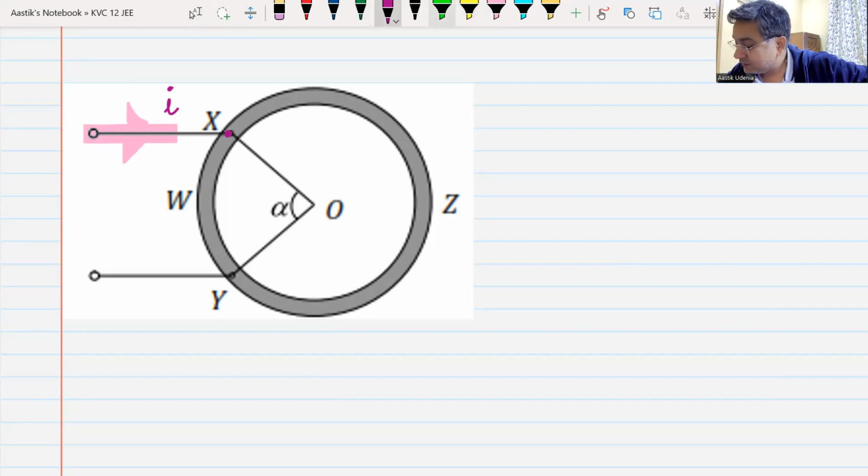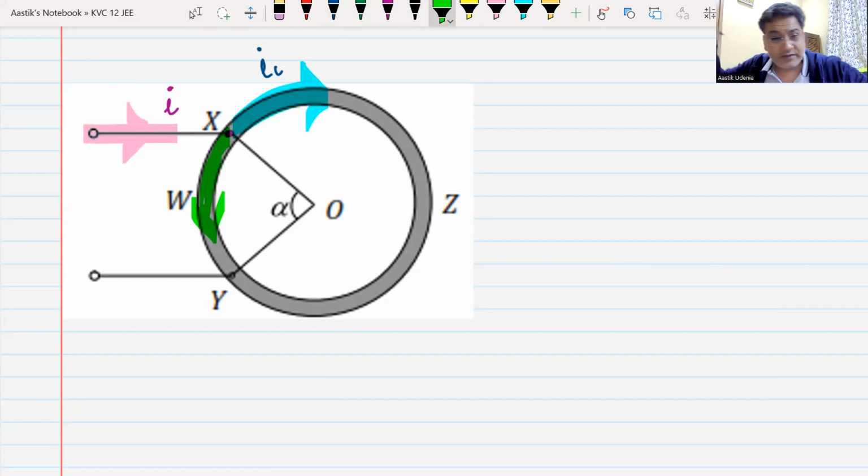Let me call it a blue current. This blue current goes in this branch I1, and then this green current comes in this branch. Let me call this as I2.